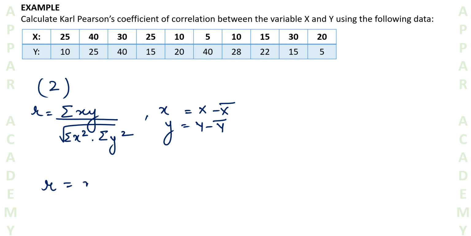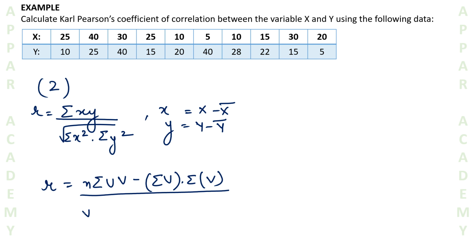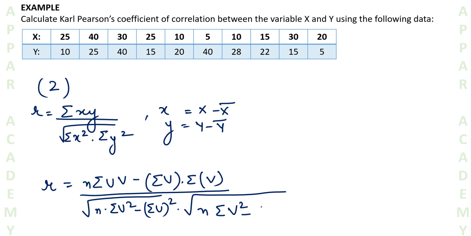So this formula is n into summation uv minus summation u into summation v upon square root of n into summation u square minus summation u whole square, into square root of n summation v square minus summation v whole square. So these two formulas we will use, right?